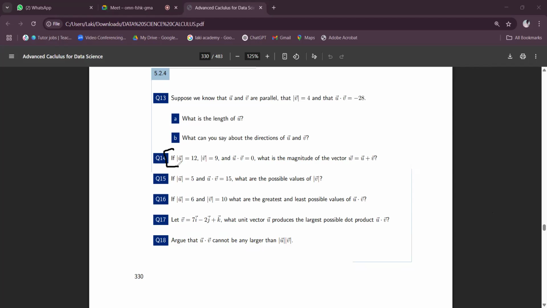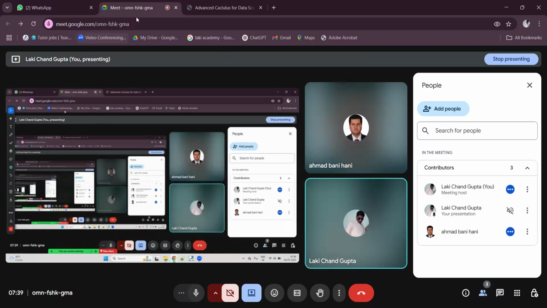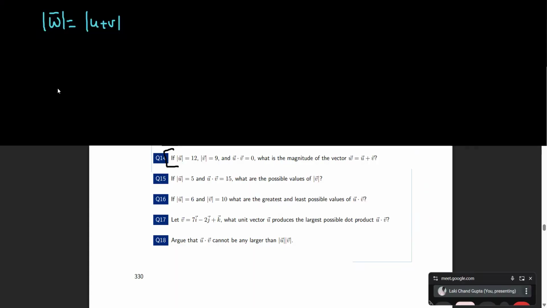We were talking about the multiplication only. This is a very tricky question. You want the magnitude of this, right?